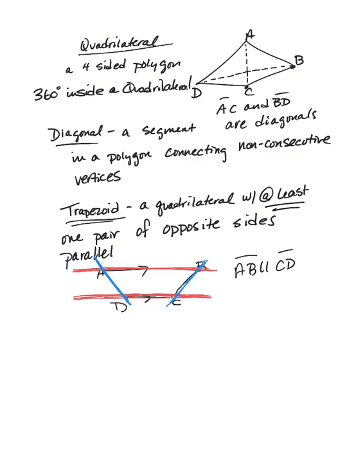Okay, these angles, I'll call this X and Y, and then we'll call this W and V. So in between parallel lines, same side interior angles are supplementary, right? So angle X and angle Y are supplementary.